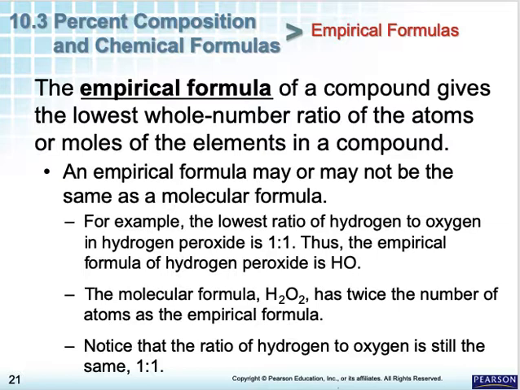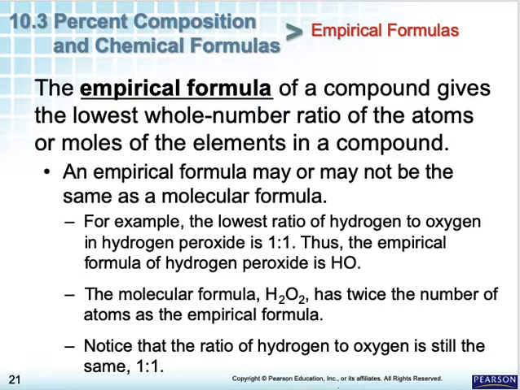So, empirical formula. The empirical formula of a compound gives the lowest whole number ratio of the atoms or moles of an element in a compound. The empirical formula may or may not be the same as the molecular formula. For example, the lowest whole number ratio of hydrogen to oxygen in hydrogen peroxide is 1:1.